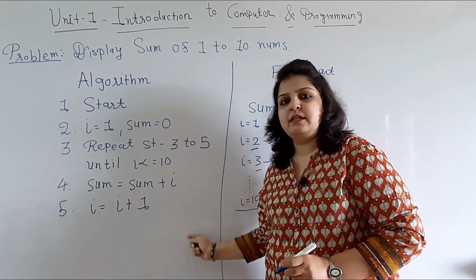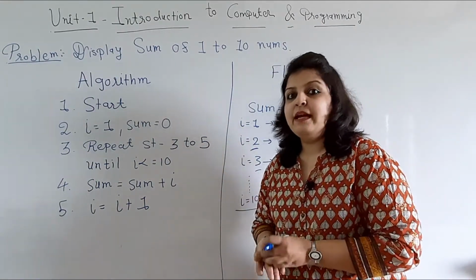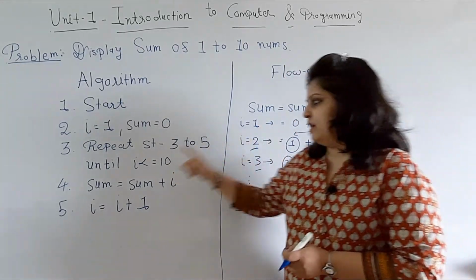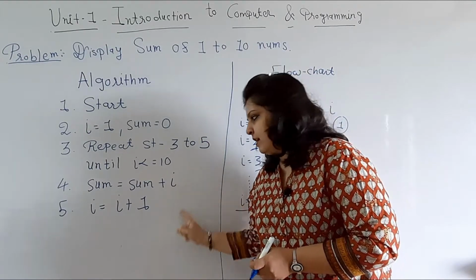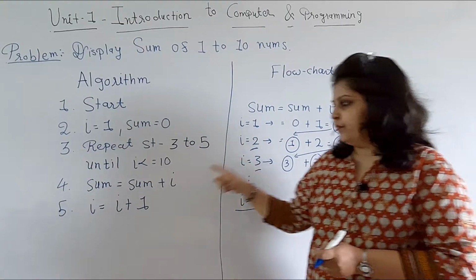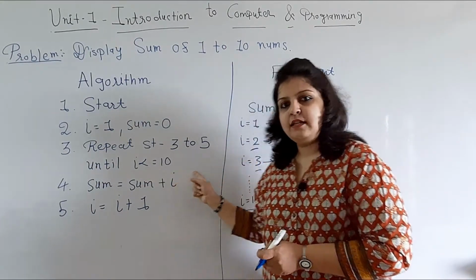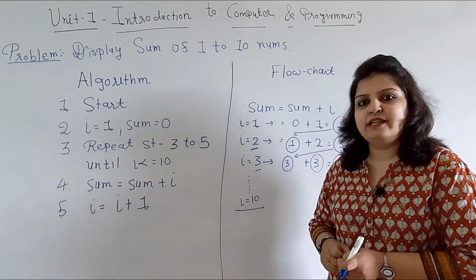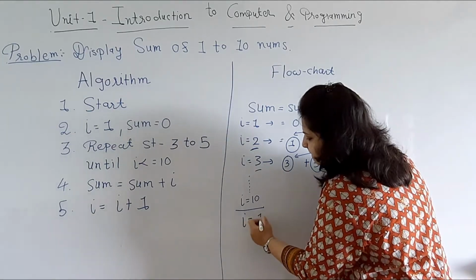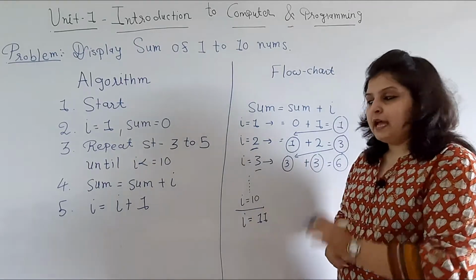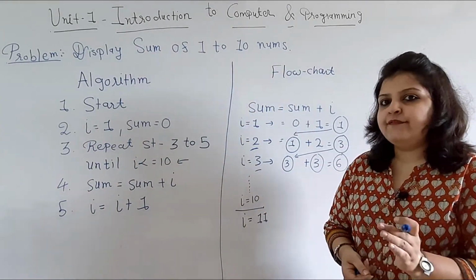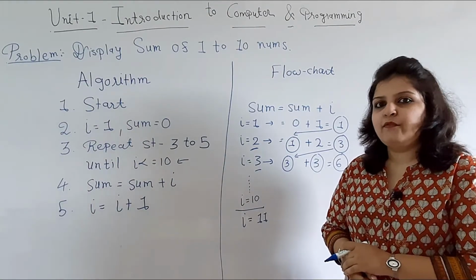These 3 steps are performed repeatedly, and every time we check the condition. First I is 1, 1 lesser equal to 10, yes, then perform these 2 steps. Again I is 2, 2 lesser equal to 10, yes, so again we perform these steps. Now when I becomes 11, our termination condition becomes false: 11 lesser equal to 10 is false.